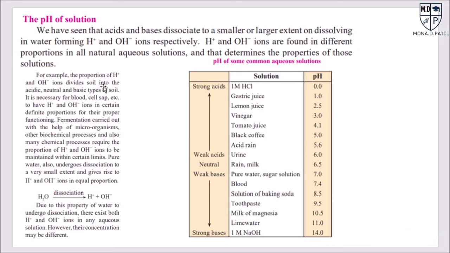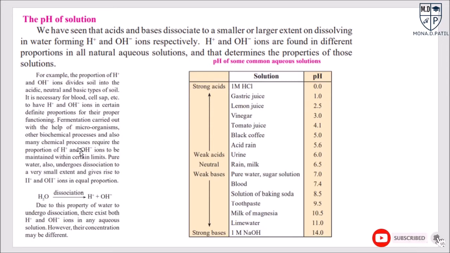Fermentation carried out with the help of microorganisms, other biochemical processes and also many chemical processes require the proportion of H plus and OH minus ions to be maintained within certain limits.